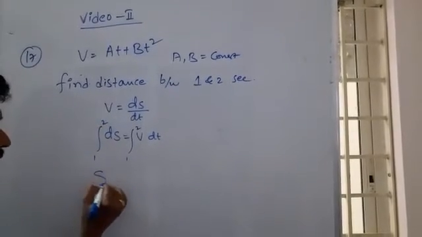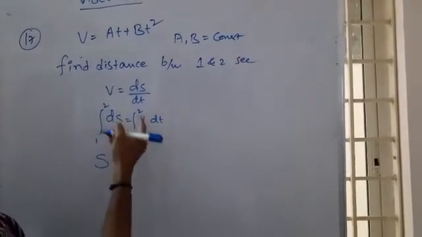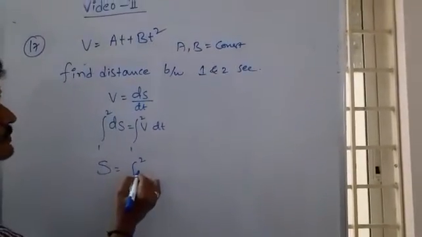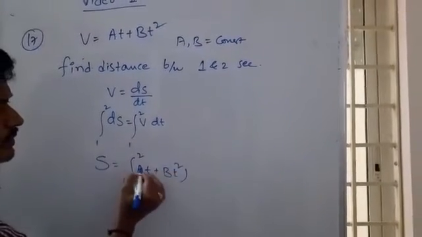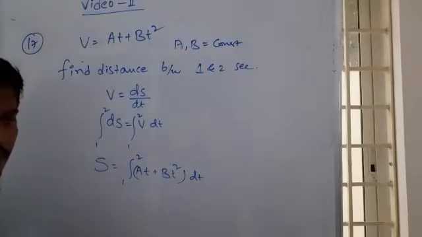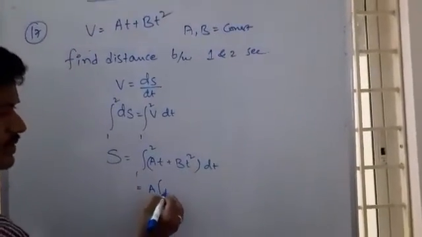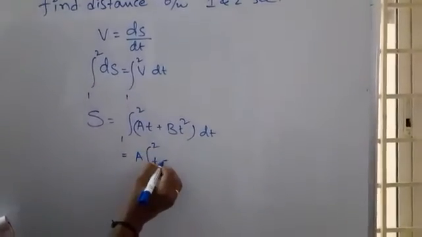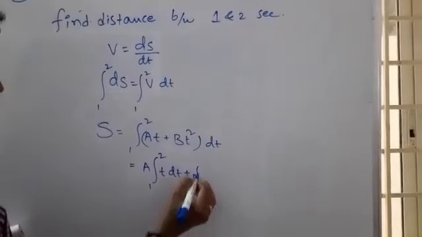So displacement is equal to the integral with limits 1 to 2 of (at plus bt square) dt. That is a times the integral of t dt from 1 to 2, plus b times the integral of t square dt from 1 to 2.